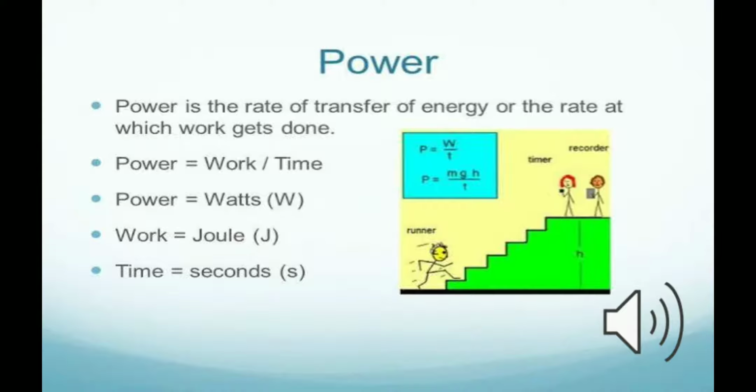Okay, so the work done is in terms of mgh, and the time taken in moving from the ground to upstairs will be noted, and this will be the power of this person doing work. Okay, so power is equal to work upon time.